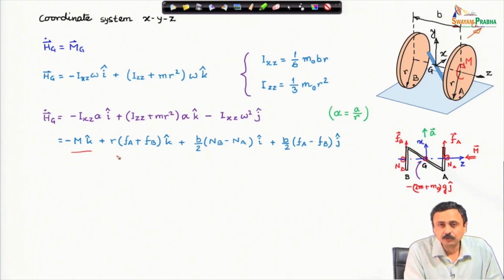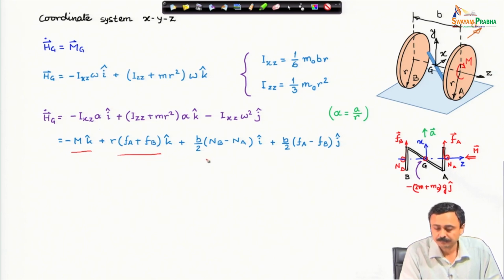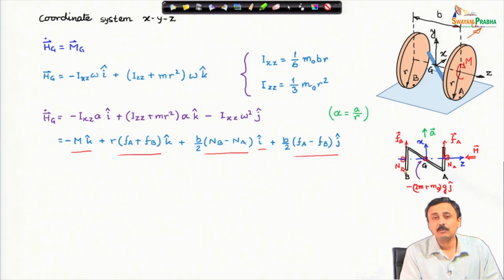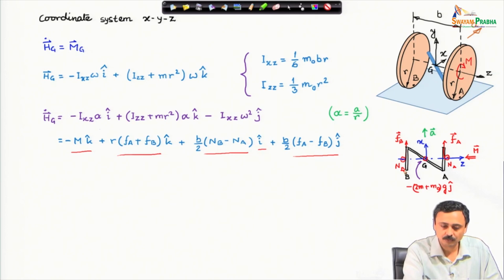Because of the friction force on the two disks, we have a moment again about the k cap direction. Because of the normal reaction, we will have a moment about the x axis, and this is another moment that is because of the unequal friction forces on the two disks, and that is about the y axis, which is perpendicular to the plane of the screen here in the top view.